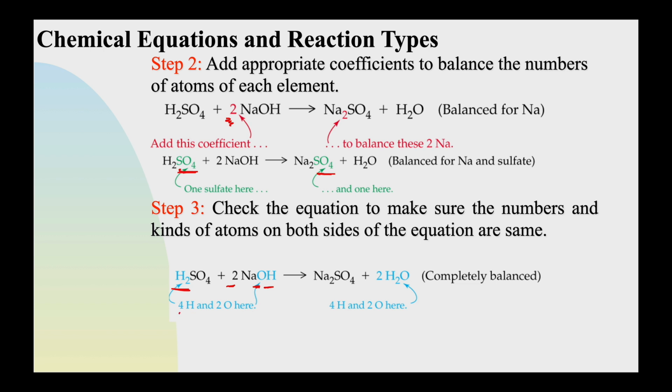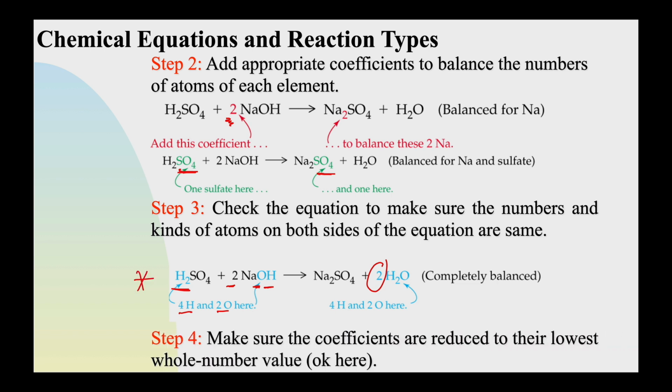So we've got a total of 4 hydrogens and 2 oxygens on the reactant side. Water is just 2 hydrogens and 1 oxygen, but we can rectify that by putting that 2 right there. That makes 4 hydrogens and 2 oxygens on both sides, and we're good to go. So this reaction right here is the balanced reaction, and that's totally cool.